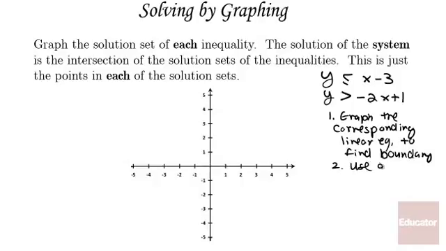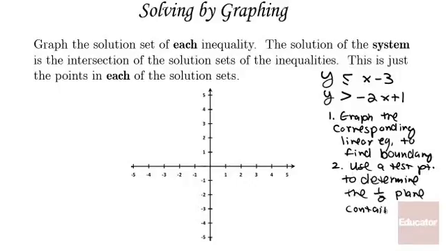Then, use a test point to determine the half plane containing the solution set. So let's go ahead and do that and then talk about how to find the solution set. This is just graphing each one, finding the solution set for each one. And then we have to talk about how to find the solution set for the system.